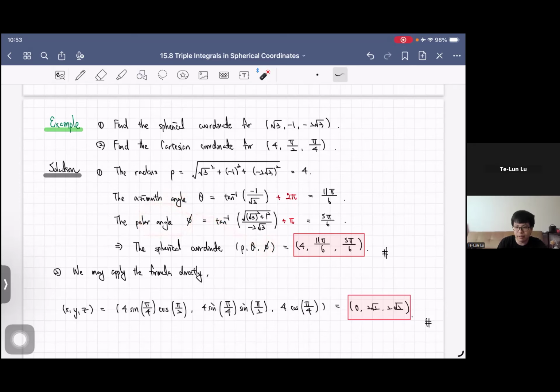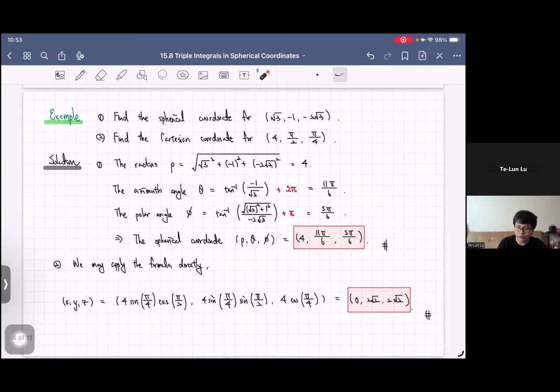It depends on the context, but in our calculus course, we will always assume theta to be the azimuth angle, the same as the angle in polar coordinates in two-dimensional space, and the same as the angle in cylindrical coordinates in three-dimensional space. So we always use the same notation theta. And phi is always the angle between the z-axis and the line connecting 0 and the point x, y, z.